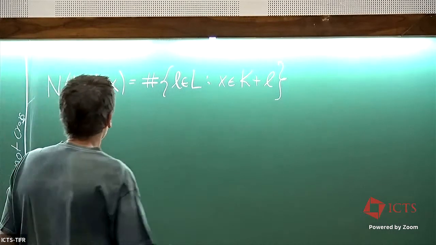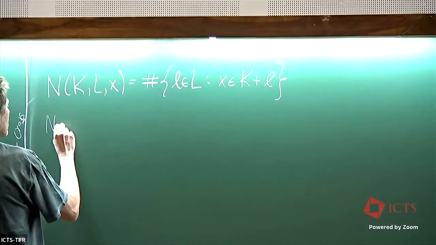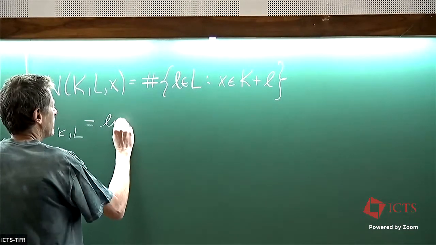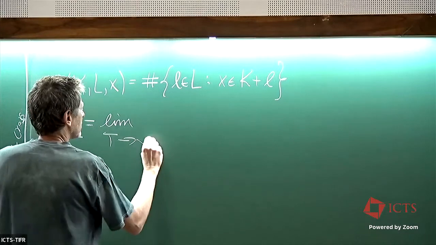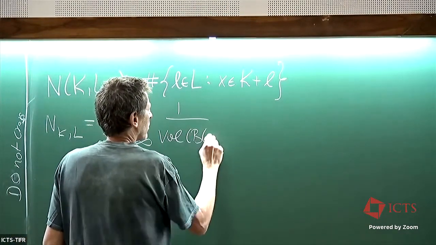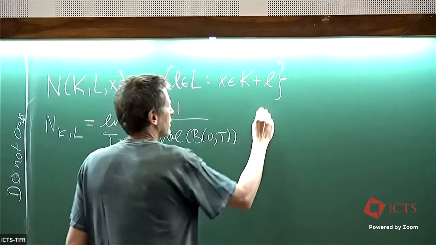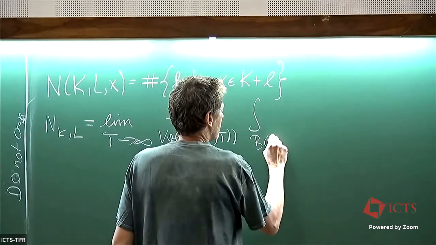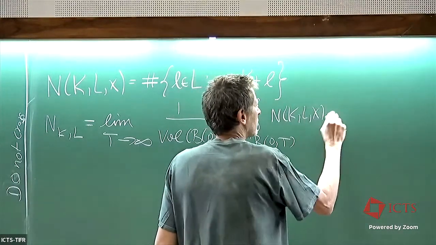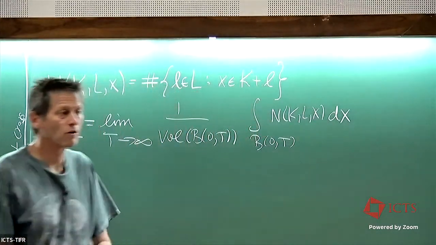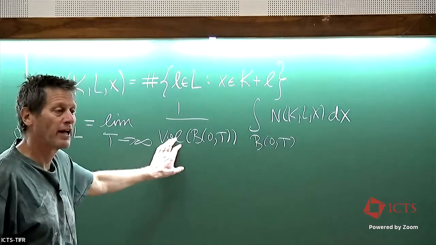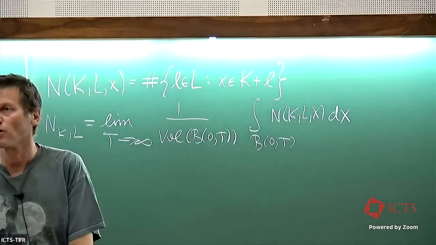And we want to define an average for this quantity. This average is the limit as t goes to infinity of 1 over the volume of the ball of radius t around the origin, times the integral over the same ball of this function, with respect to Lebesgue measure on Rn.